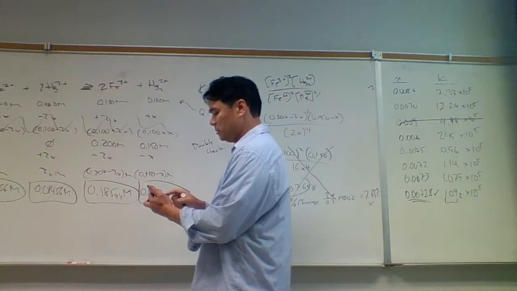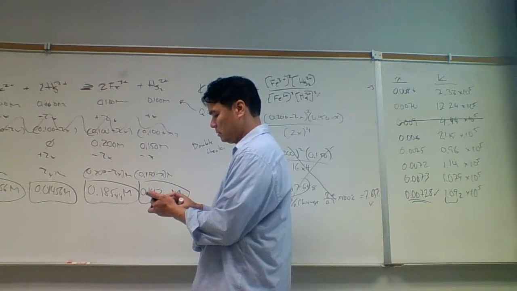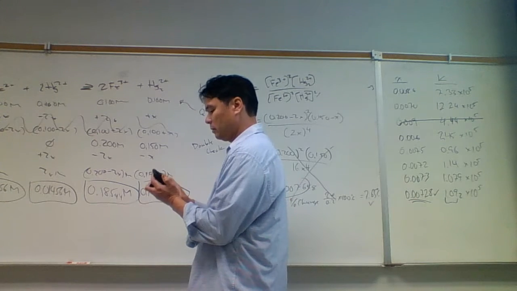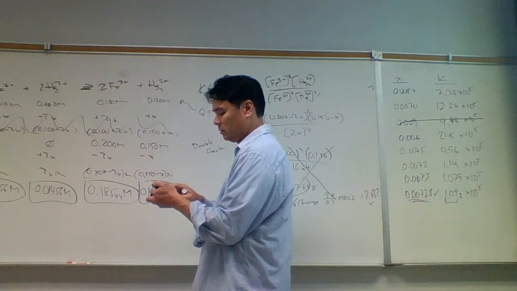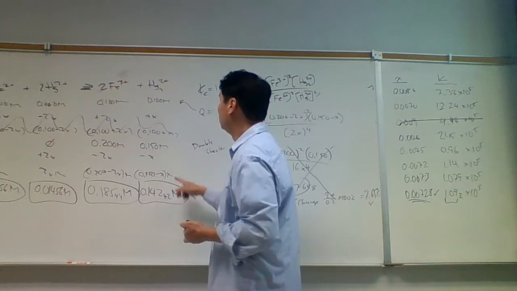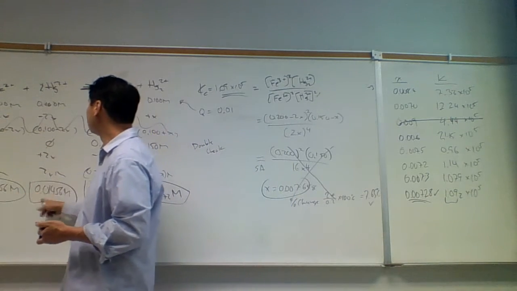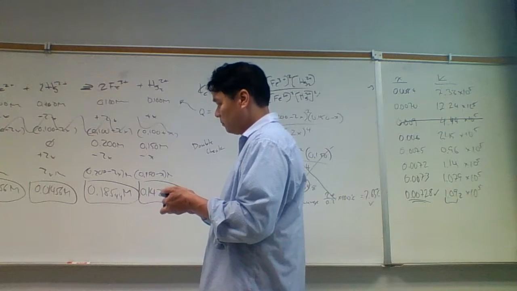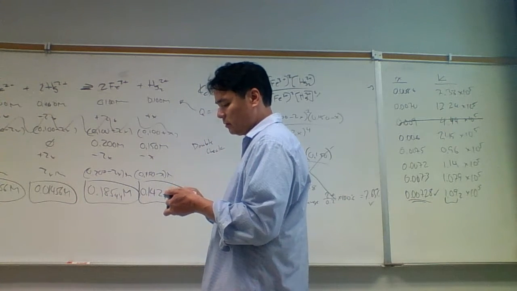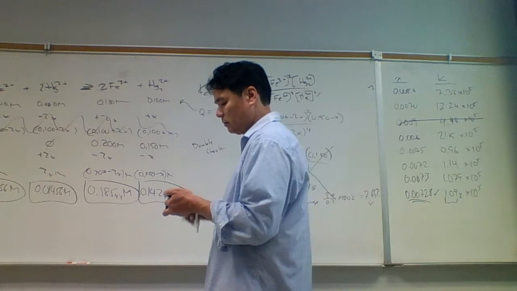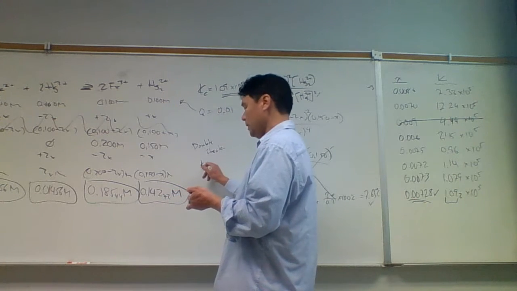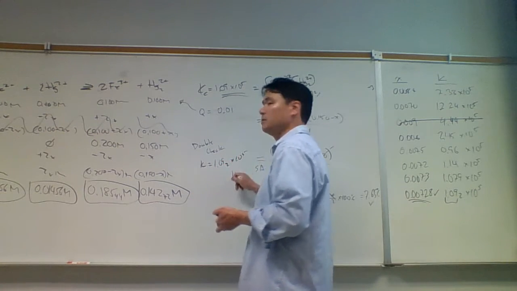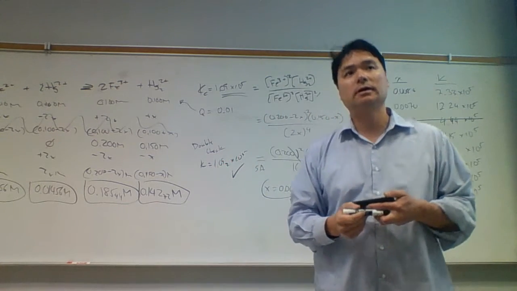So let's go ahead and do that. 18544 divided by this concentration to the fourth. And K comes out to 1.092 times 10 to the fifth. And so we're good. So I'm done.